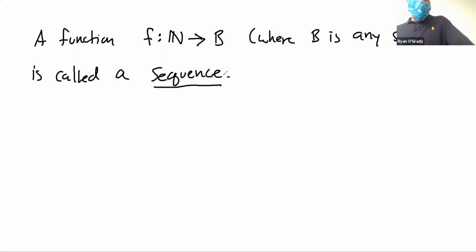In calculus, we usually introduce this as a sequence is an ordered list, and that's really what it is. But in a more abstract way, we can think of it as a function that takes a natural number and maps it to some other element in a set.